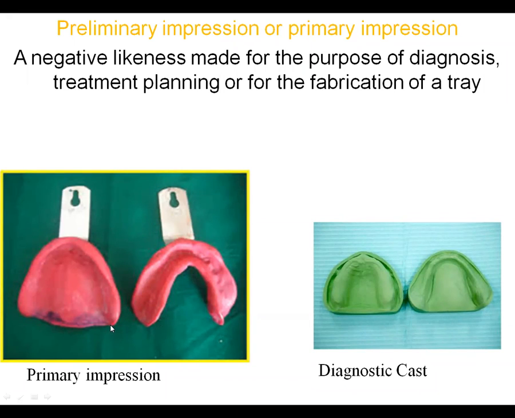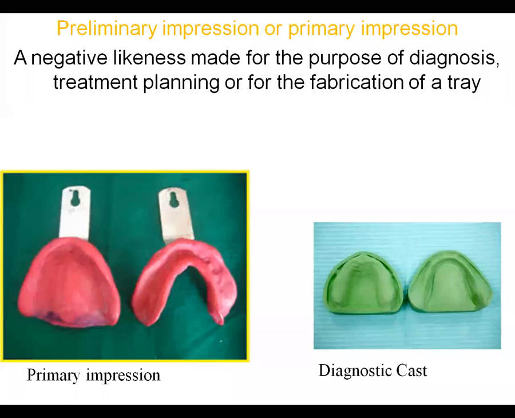And this is your extension area, the posterior extension, that is the PPS area, is well recorded. The PPS is marked here also very well. So as far as your primary impression is concerned, we have to record it with compound.